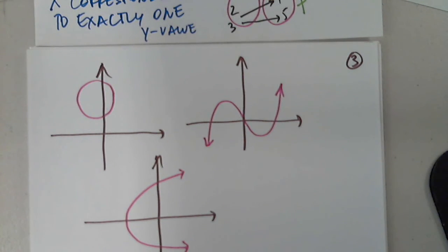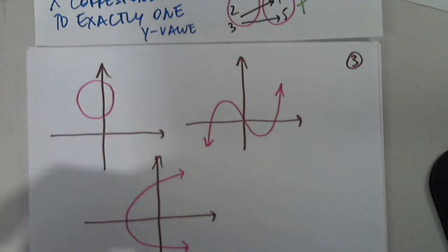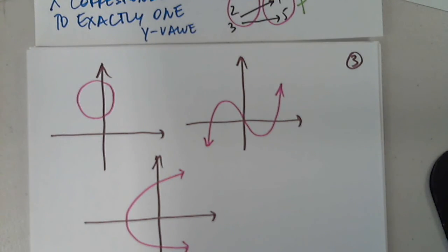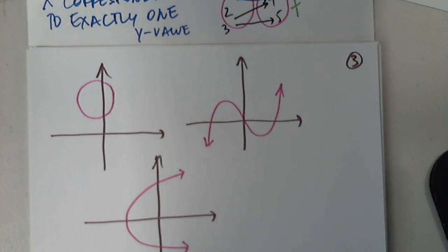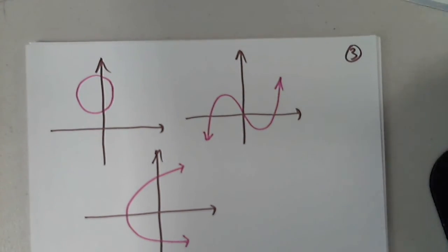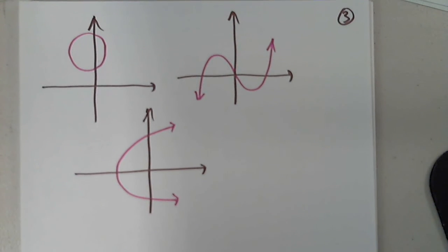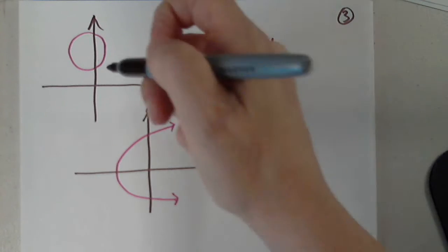So I have 3 graphs, and I would like to identify whether they represent functions or not. Is the first one a function? I couldn't hear. Nicholas, are you there? We can't see you. So is the first one a function?